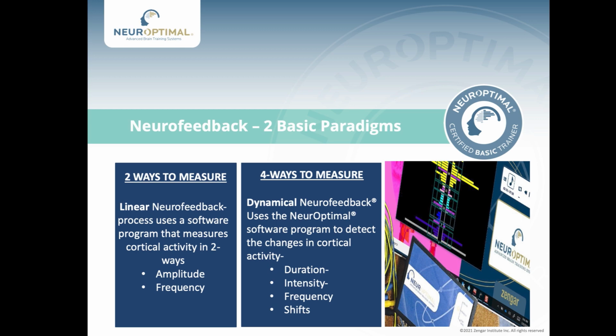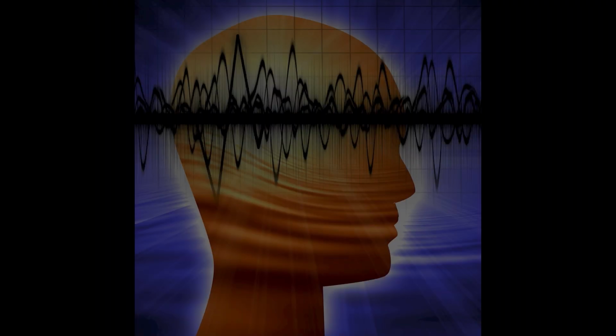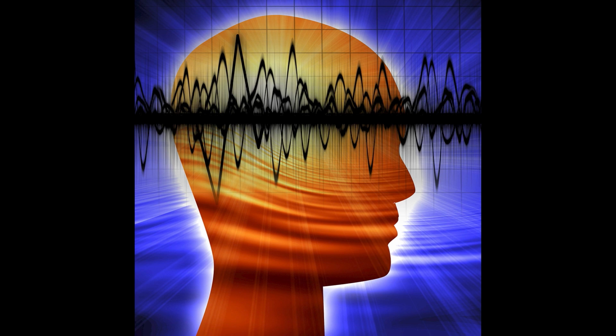And Mark's going to really go into detail on this in a little bit, but I will just generally say that remember, the brain is chaotic. If the electrical signal is chaotic and not predictable, then within our software program, we measure it.